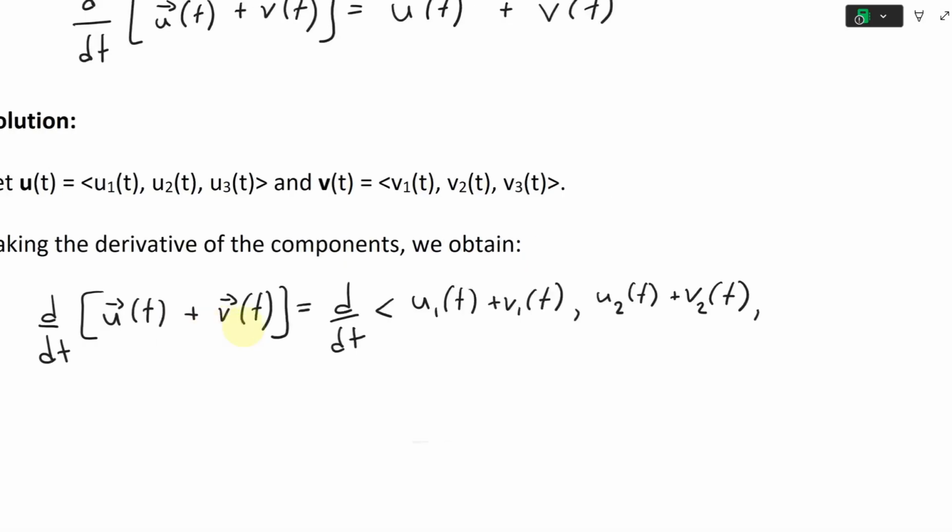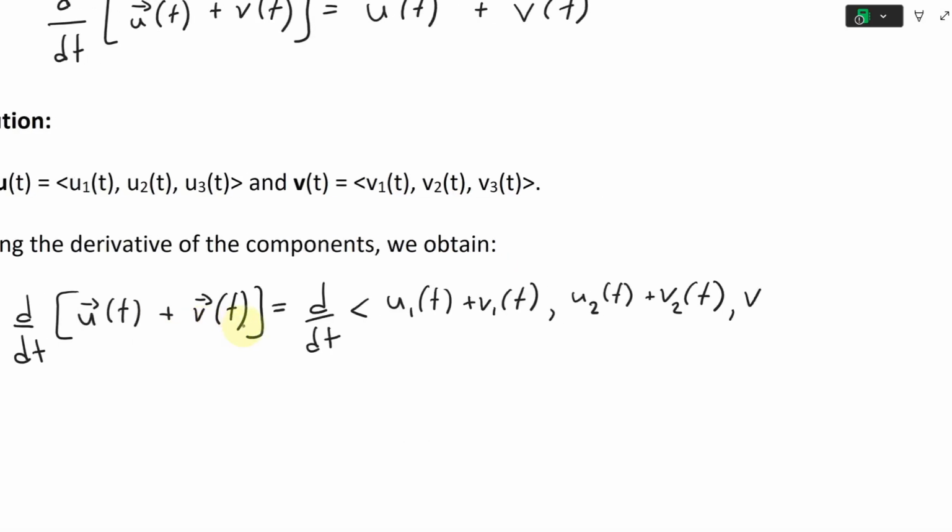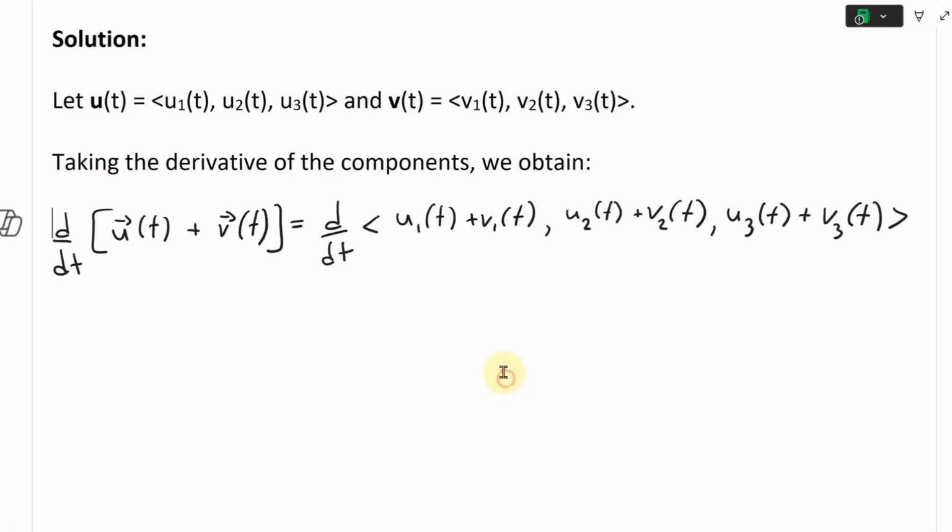And the last one is u3 of t plus v3 of t. I just shrunk it and put it in one line, so now this fits over there.